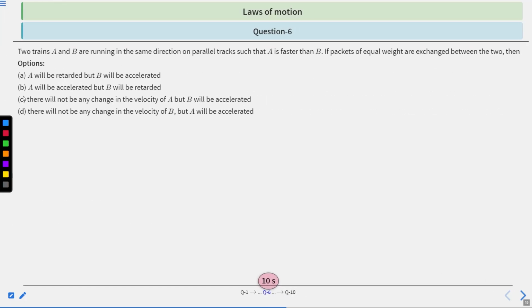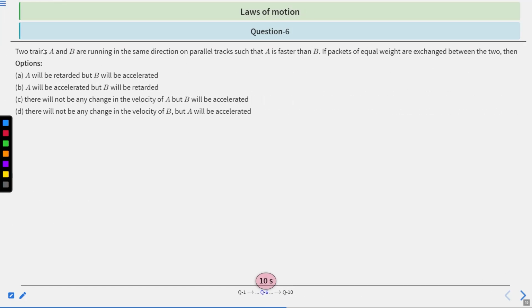Next question. Trains A and B are running in the same direction on parallel tracks such that A is faster than B. If packets of equal weights are exchanged between the two, then what is the answer? The options: A will be retarded but B will be accelerated.